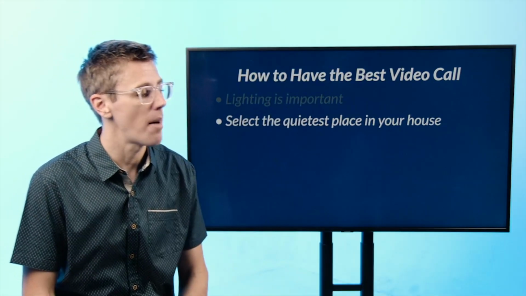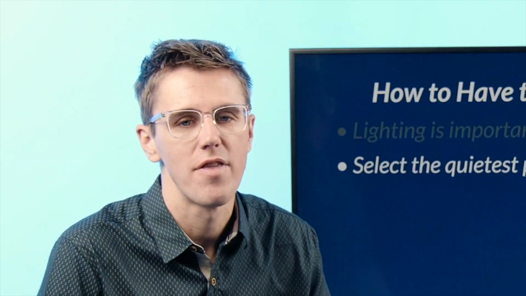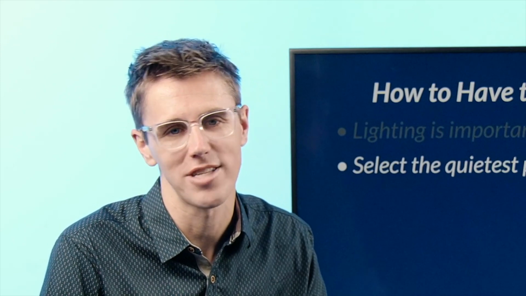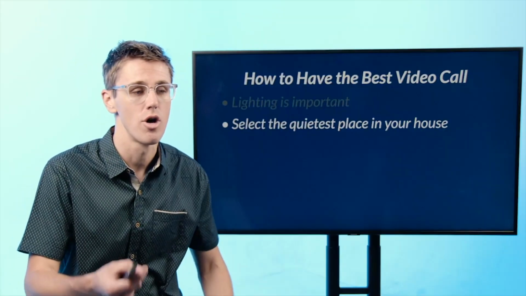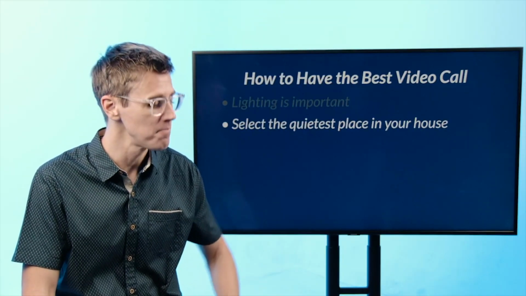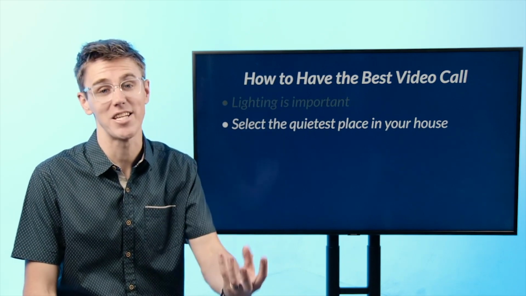Another thing is to pick the quietest place in your house. I have a friend that I meet with all the time on video calls, and he lives in New York City. I've got to tell you, every third call, a siren goes by while we're meeting, and it cracks me up because he can't control what happens on the street. But you can control the best place. For me, I have a couple of different ways I meet, but one of them is in my kids' room.